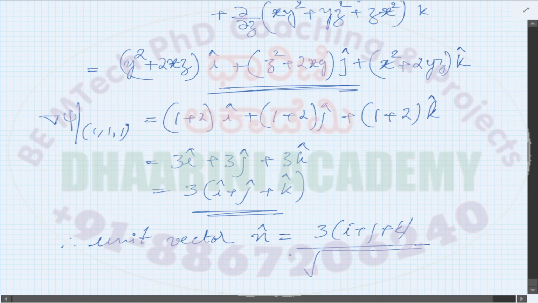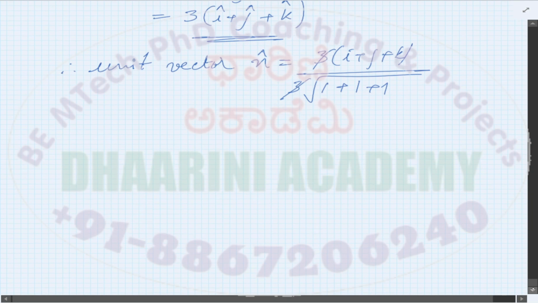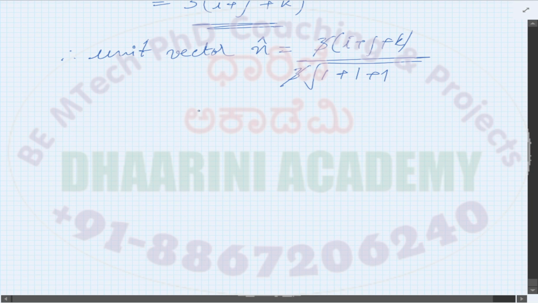There is a 3 coming out. So this is 3 into 1 plus 1 plus 1. So 3 cancels. So my answer is n cap is equal to i cap plus j cap plus k cap divided by root 3.